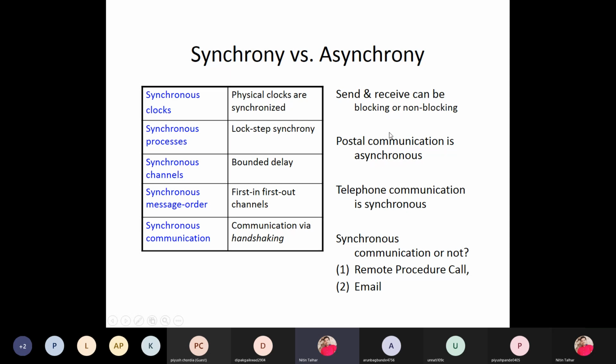So this is the difference. First of all, this particular table belongs to the synchronous, and the right-hand side column is outside of that particular block, where send and receive can be blocking or non-blocking.